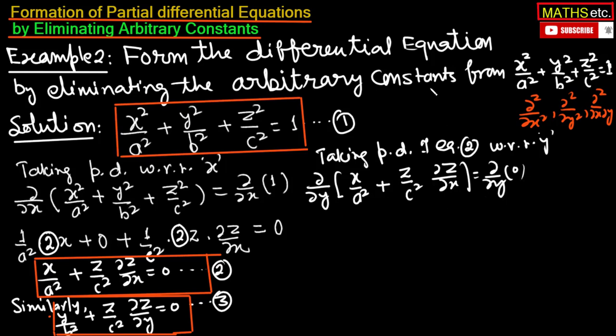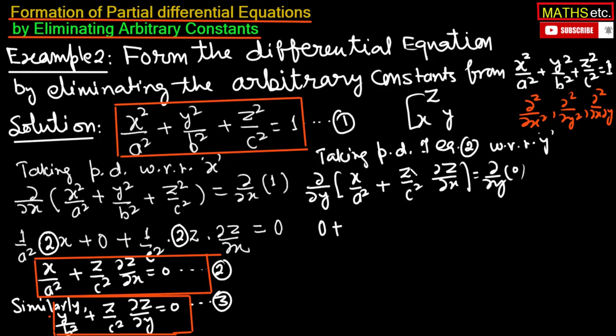Again, we have the same diagram. z is the dependent variable, x and y are independent variables. Partial derivative of x over a squared with respect to y: when we are taking partial derivative with respect to y, x will be treated as a constant, so this entire first term becomes constant. So this partial derivative with respect to y of x over a squared will be 0.